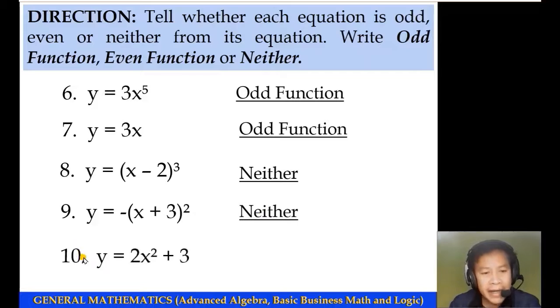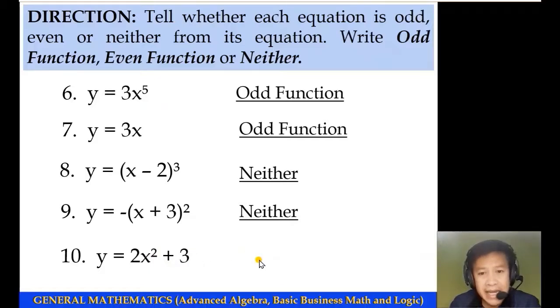Number 10, y is equal to 2x squared plus 3 and our degree is 2. And we have the constant term here. This constant term, 3, has the variable with exponent 0. And the exponents are 2 and 0.